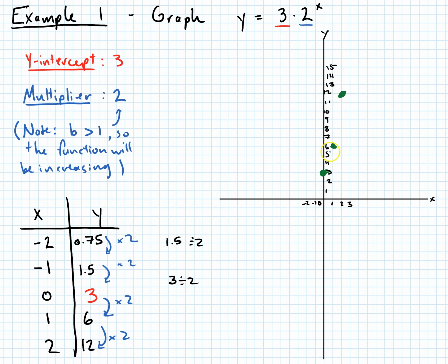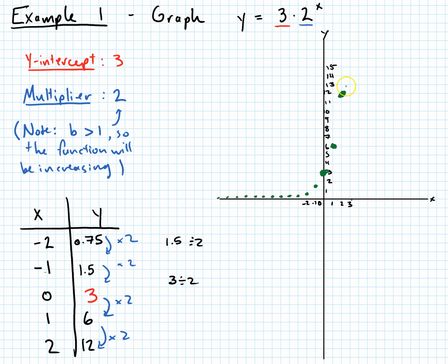And you can kind of see the growth there. 3 times 2 is 6, 6 times 2 is 12. So you can guess that when we go to 3, I would have to put the next point at 24, which I won't do because I don't have enough room. Okay, and negative 1, 1.5, negative 2, 0.75. These are my points, and if I kept going, I'd keep getting closer and closer to the x-axis, right?